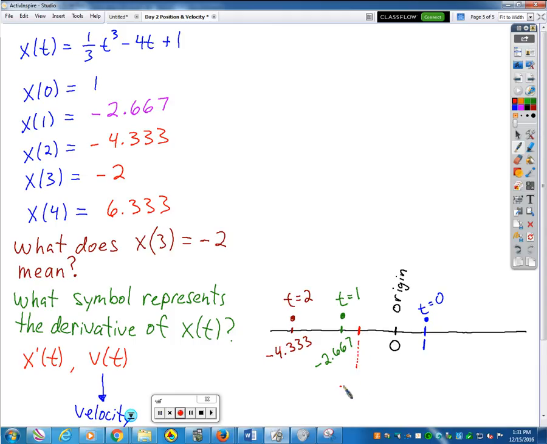That's position negative 2. This is t equal 3. And then our scale's a little off, but close enough. Over here is 6.333. And that's the particle's position when time is equal to 4. Have a question? Awesome.